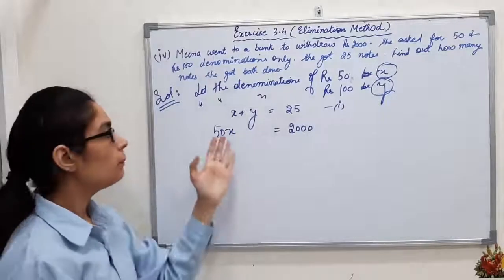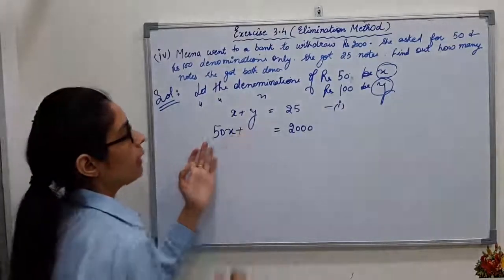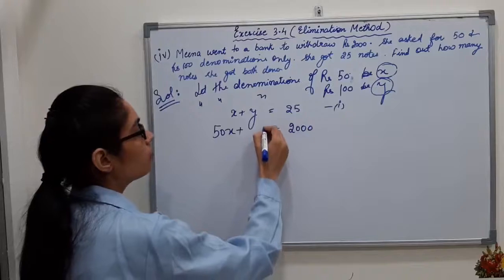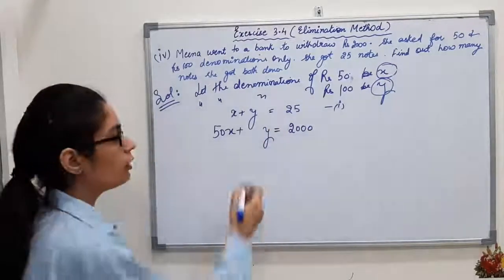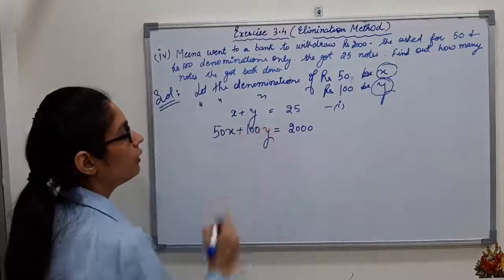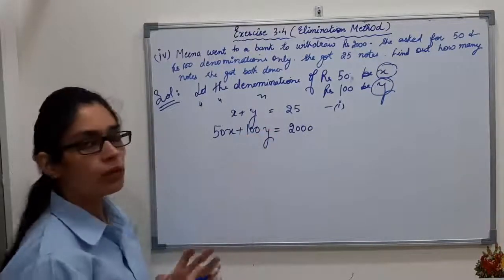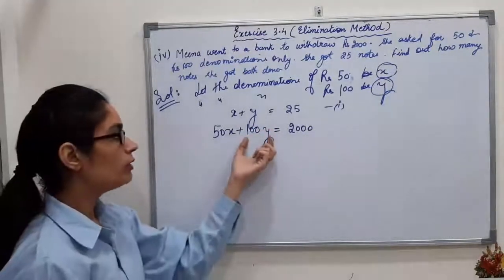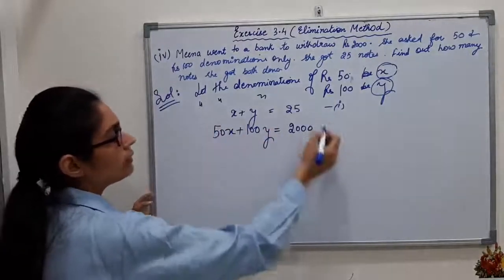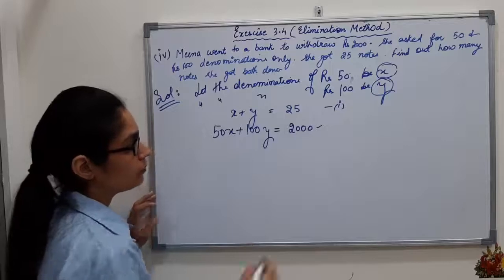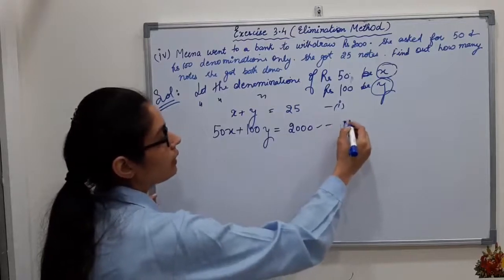That's why I will multiply it with 50. And y is my total notes for rupees 100. So if I multiply it with 100, I'll get the total currency for which 100 rupee notes I have got. If I add both these things, I'll get 2000. So this will be my second equation.